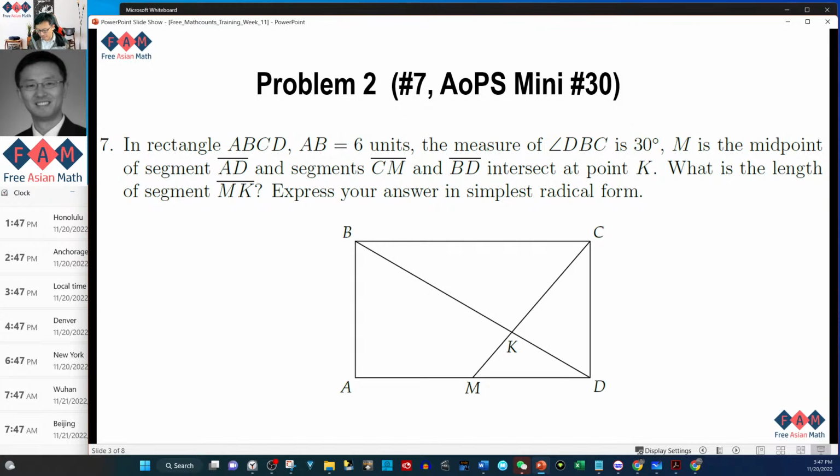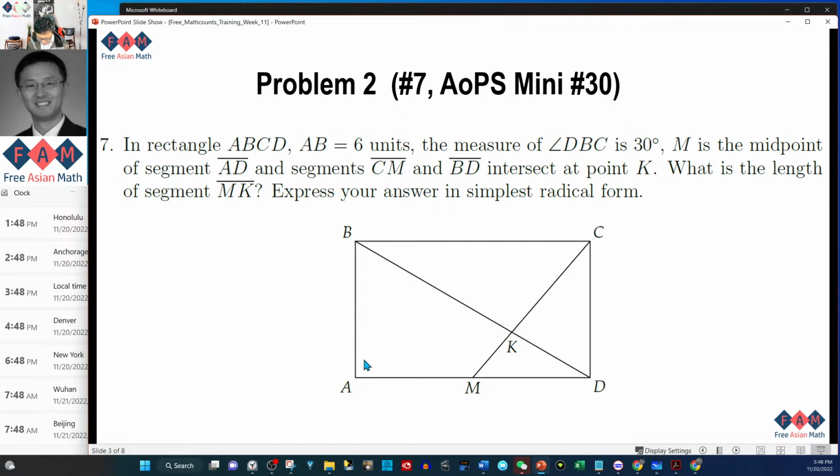For example, the ratio between MK and CK is the same as the ratio between DK and BK. So if we know the total length of CM, and we know this ratio, we can easily figure it out. But do we know CM? Yes, of course we do. We know the whole thing already because this is a rectangle.